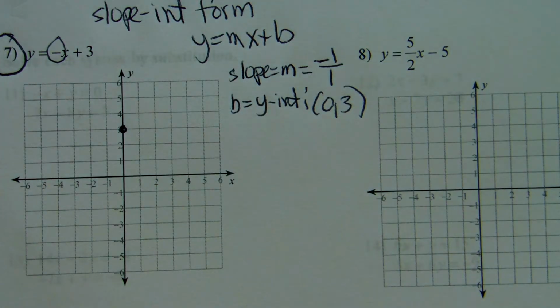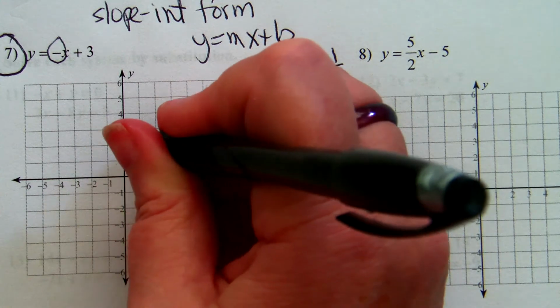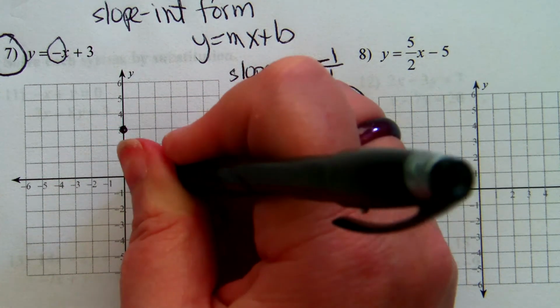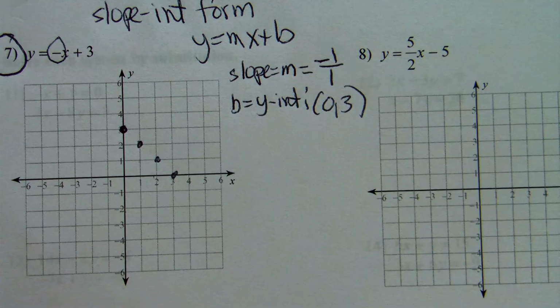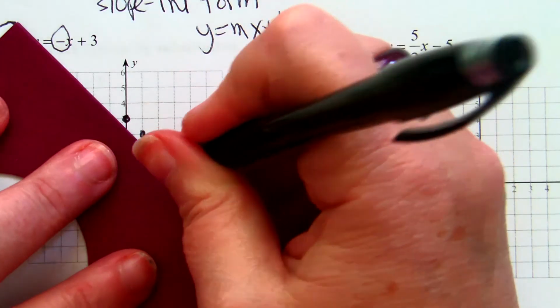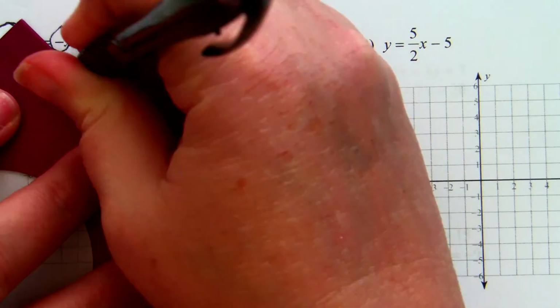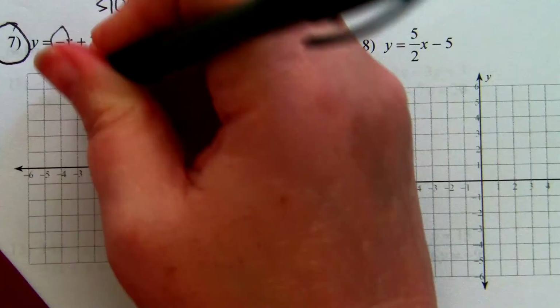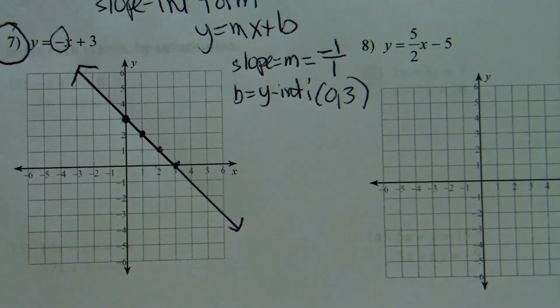So how do we move for a slope of -1? Down 1, right 1, down 1, right 1, down 1, right 1. And we graph the line.